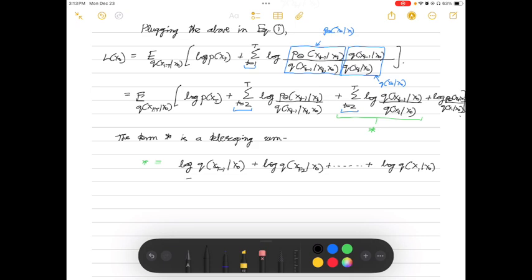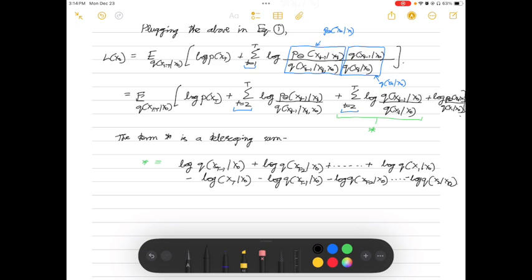So for the denominator we have negative log q of x_t given x naught, minus log q of x_{t-1} given x naught, minus log q of x_{t-2} given x naught, and all the way to minus log q of, if we plug in 2, x2 given x naught.